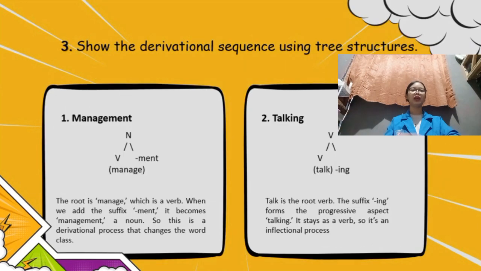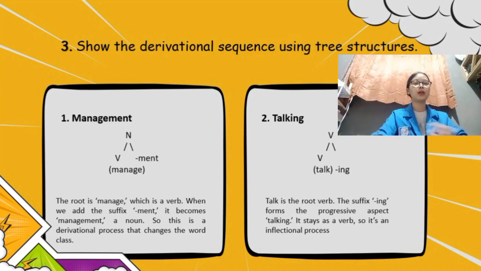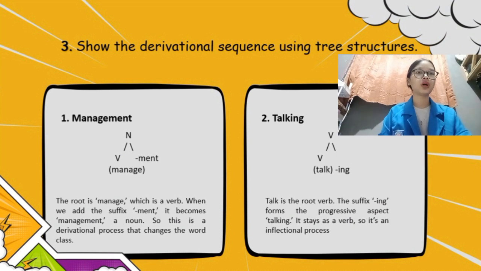Number three, we show the derivational sequence using tree structure. So number one, we have management. Number two, we have talking. The root is manage, which is a verb. When we add the suffix -ment, it becomes management, a noun.